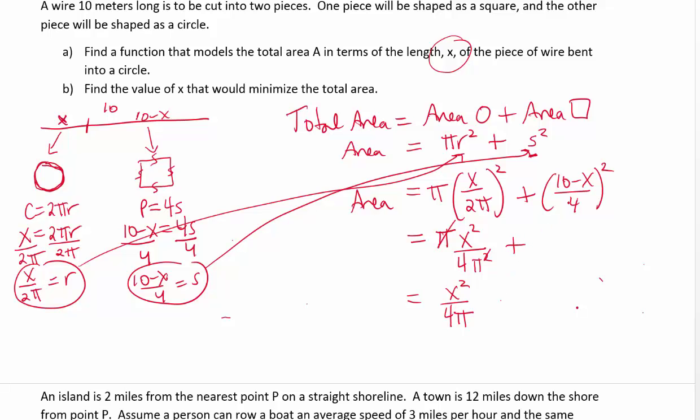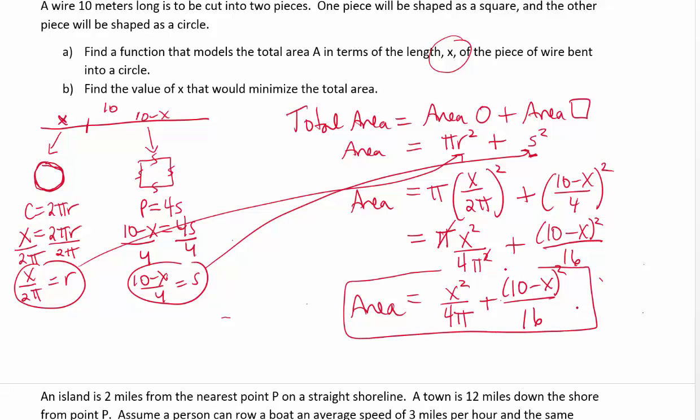And then for this one, I'm not going to bother to FOIL the top. I'm just going to leave it as parentheses 10 minus x quantity squared. But I will go ahead and square the bottom and turn that into a 16. So here is my new area function, only in terms of x's.